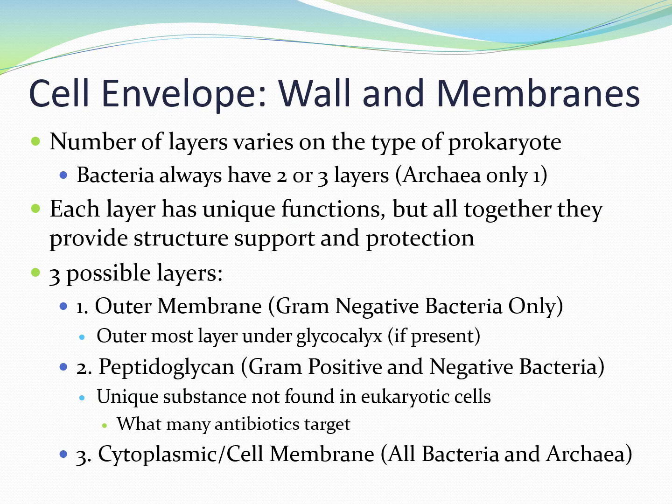So we are now moving into the boundary of the bacterial cell to talk about the cell envelope. Now, there are three possible layers that we care about in this section: the outer membrane, peptidoglycan, and the cytoplasmic cell membrane.